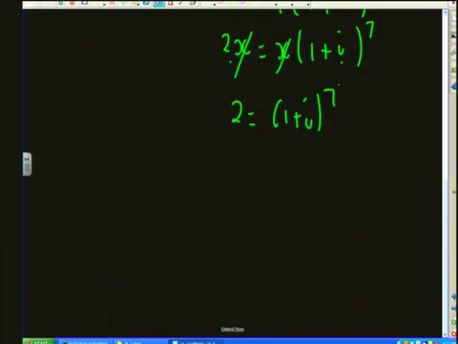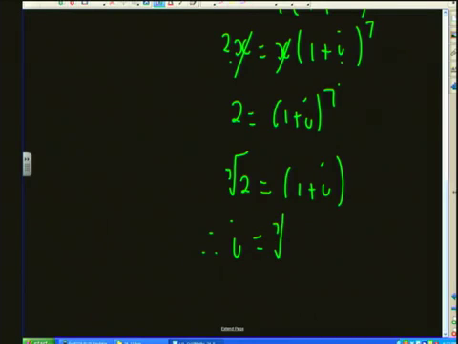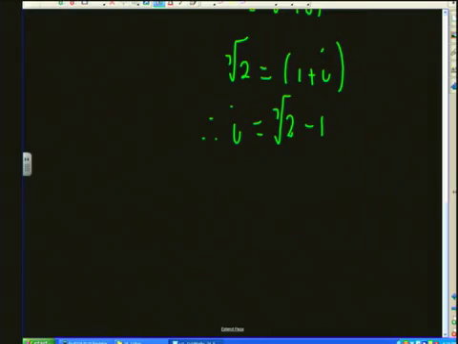In order to get rid of that 7 there, the power, we can take the 7th root on both sides. Here, if I raise that to the power of 1 over 7, the 7's cancel, and I just get 1 plus i. So therefore i will be equal to the 7th root of 2 minus 1.